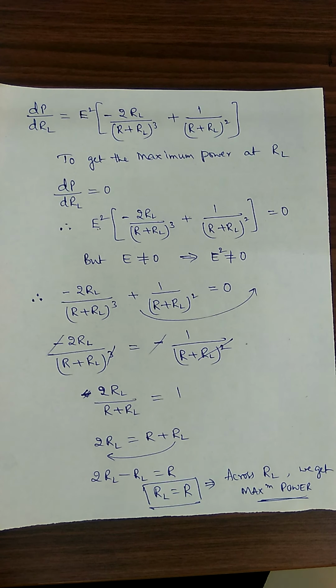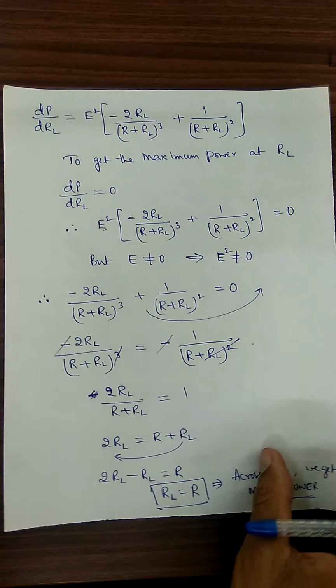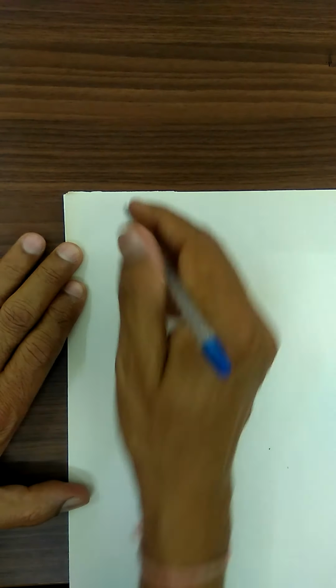Now we have to consider the power transferred is maximum and the load resistance is equal to the internal resistance. That's finished. When R is equal to RL, then what is the ratio between power delivered to the load and power taken from the source? Let us also calculate that. Let us do it. Okay.